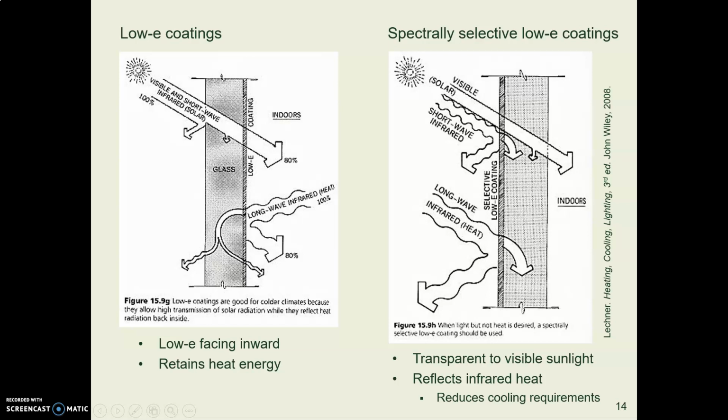If you were building a house in a cold climate and you wanted to keep the heat in, you would use low E glass with the coating on the inside. And finally, you can get this thing called spectrally selective low E. So I don't quite know how it works, but it blocks some radiation and lets others in.